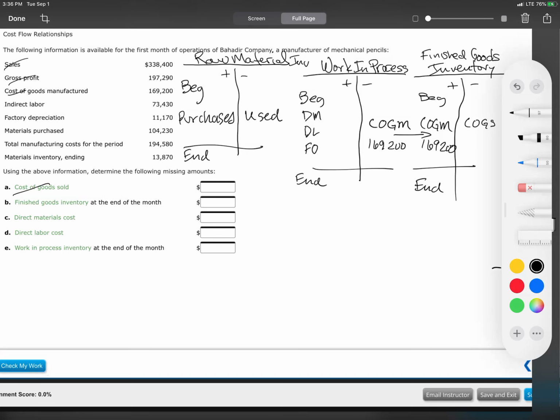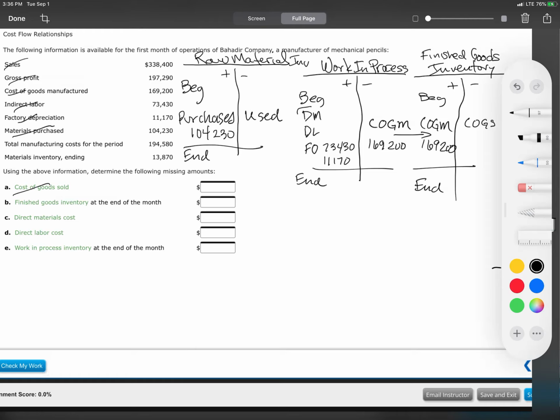That goes under factory overhead. 73,430. Factory depreciation, that's also factory overhead. 11,170. Materials purchased. That goes right here, 104,230. Total manufacturing cost this period.